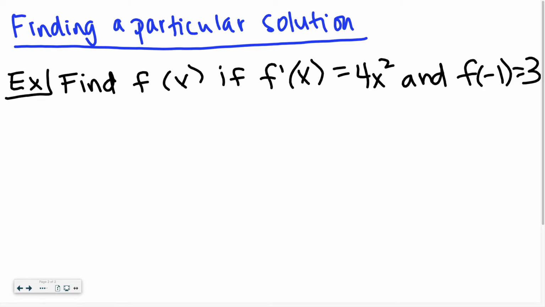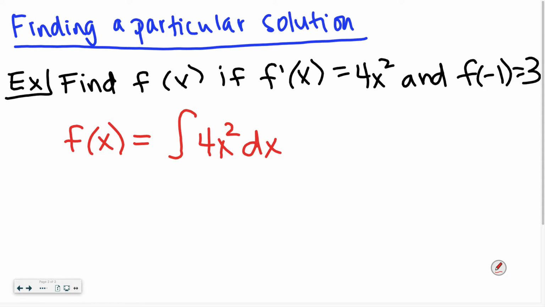Okay, so one thing at a time. Let's take f prime and go backwards to function f. So if we want function f, we know that that is going to be the antiderivative of f prime. Would you agree? We have to take our derivative and go backwards.